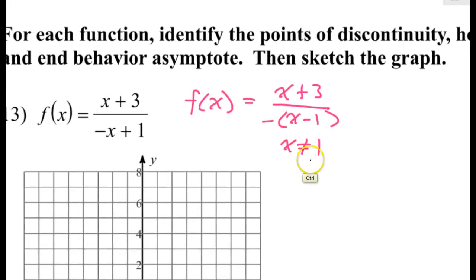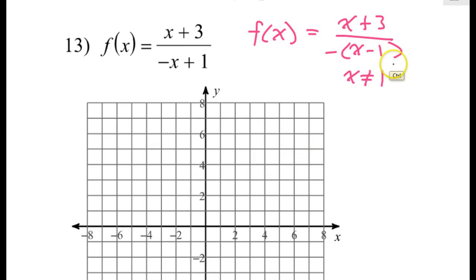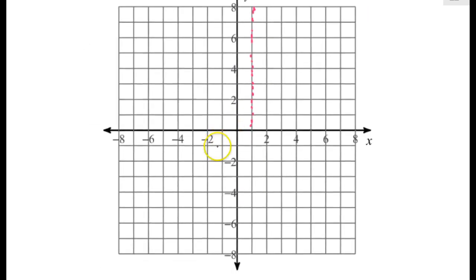Alright, this is going to be a vertical asymptote. So x cannot equal 1. This does not cancel out anything, so there won't be any holes. But let's go ahead and sketch the vertical asymptote because x cannot equal 1. I'm just going to sketch this as a dotted line. Okay, this is my vertical asymptote.